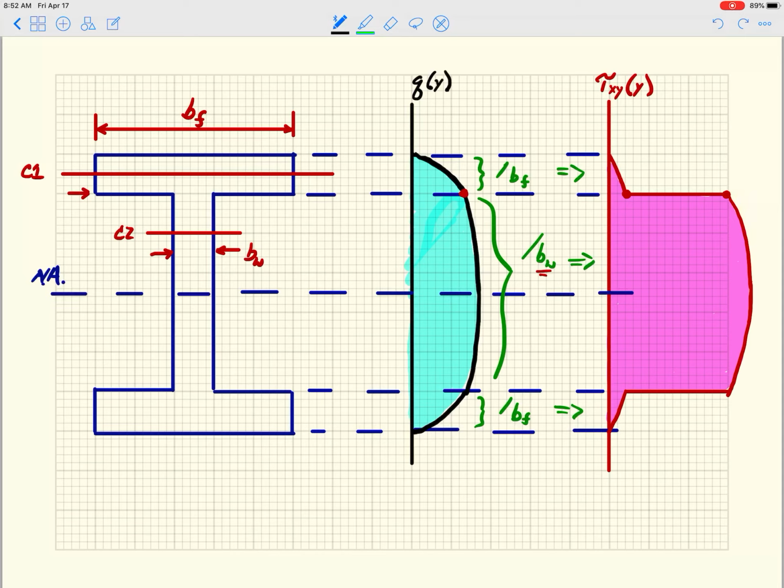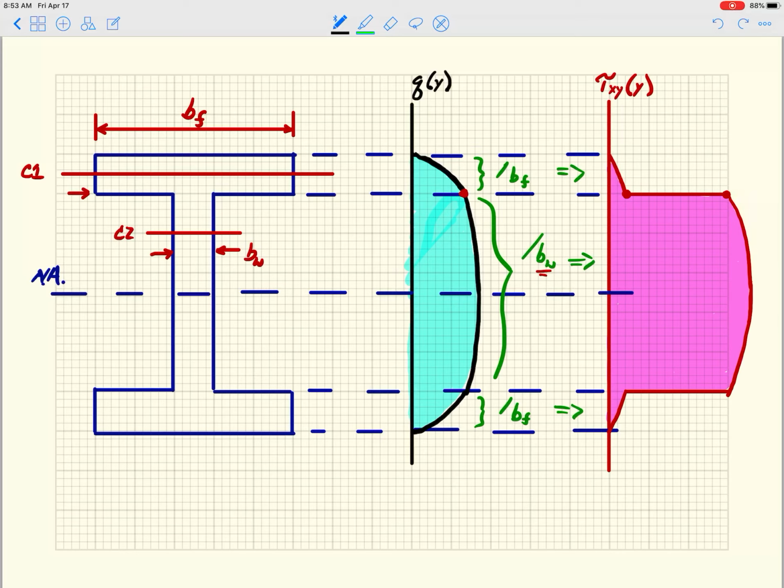And so this plot over on the right, which is vertical shear stress distribution, is much more relevant when we're evaluating the capacity of a beam to carry a certain shear force.